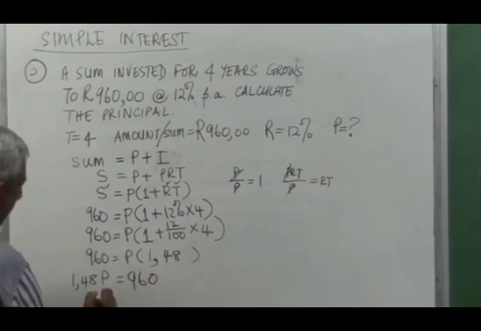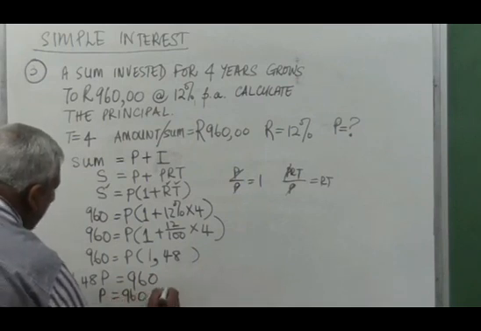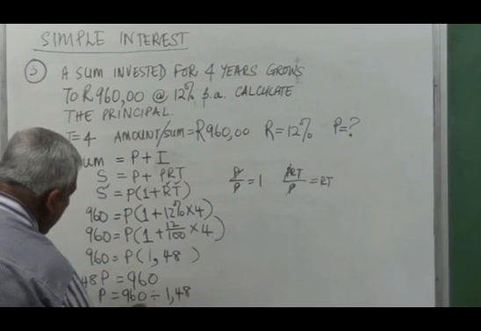1,48p is equal to 960. So P is equal to 960 divided by 1,48.